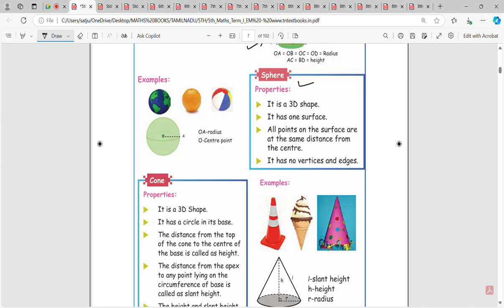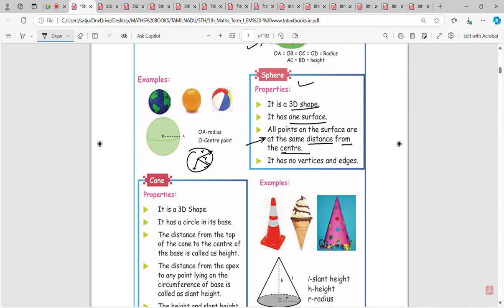Now sphere, just have an idea about sphere. A sphere is nothing but a 3D shape. It has only one surface. That is more than sufficient. An important point here is all the points on the surface are at the same distance from the center. Which means wherever you mark from the center point, you will get the same radius only.